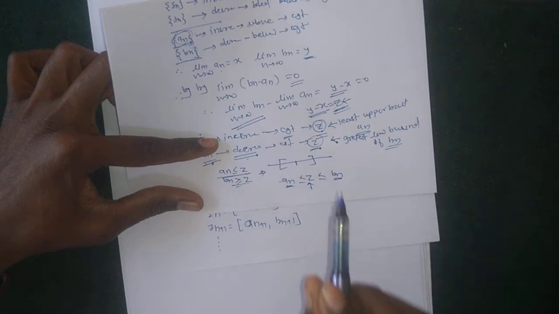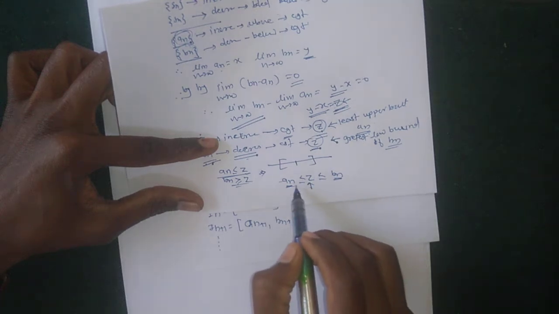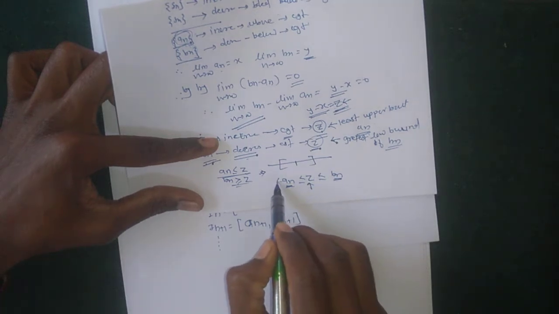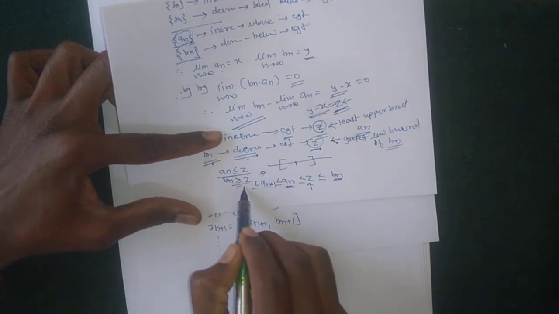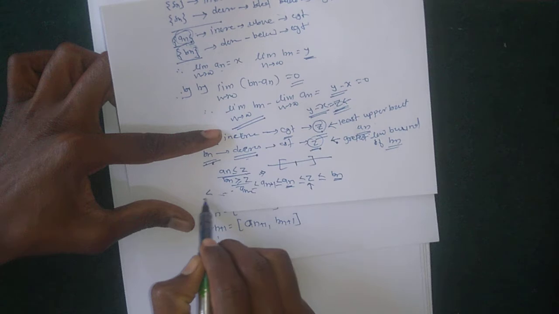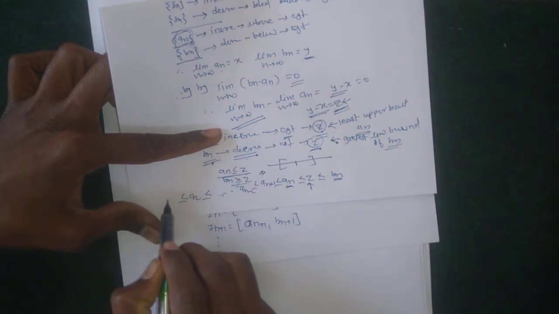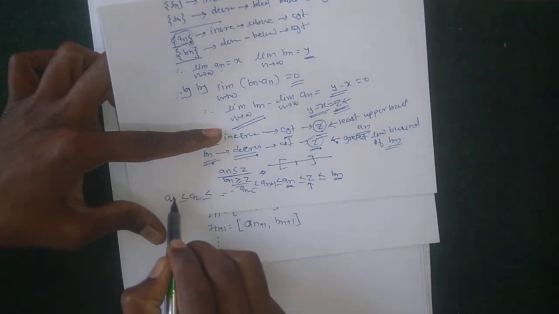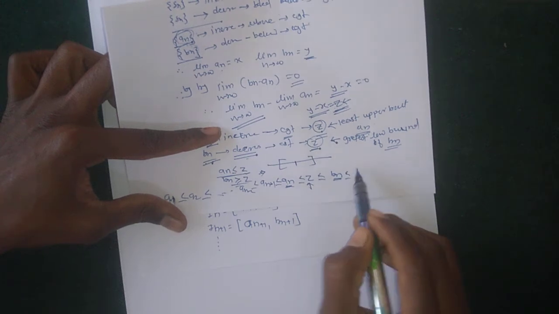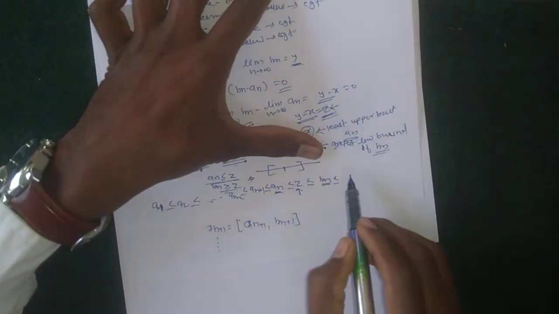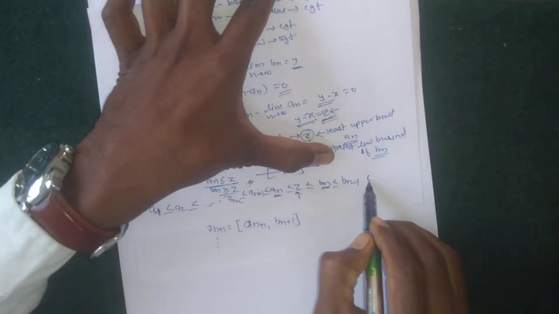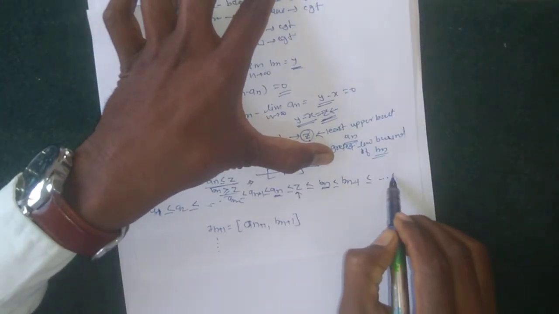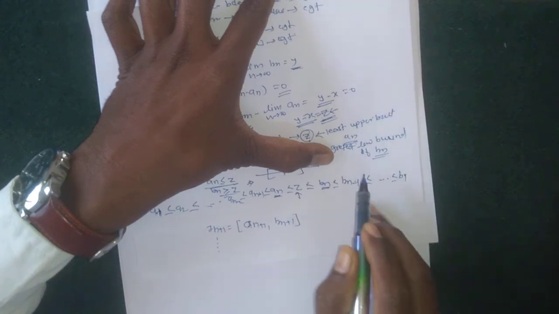Here an is less than or equal to a(n-1), which is less than or equal to a(n-2), and so on, up to a2, less than or equal to a1. And bn is less than or equal to b(n-1), and so on, lastly less than or equal to b1.